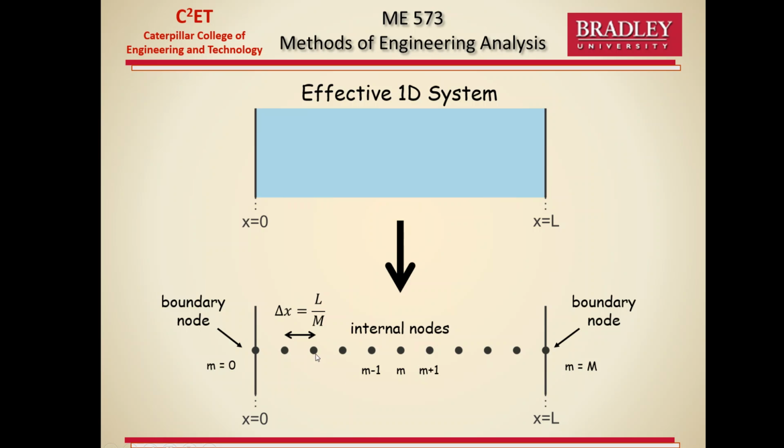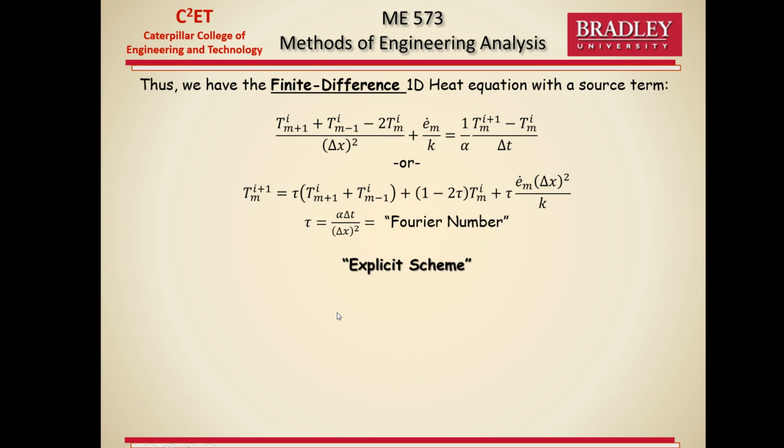All right. The distance between each node is some fixed delta x if we space these equally. That's just the total length of the system divided by the number of nodes we have. All right. Thus, we have a finite difference 1D heat equation with a source term. And all I've done, you can convince yourself, look back a couple slides if you have to. This is the heat equation. And I've taken my indexed approximation to the second order partial derivative of temperature with respect to position here.